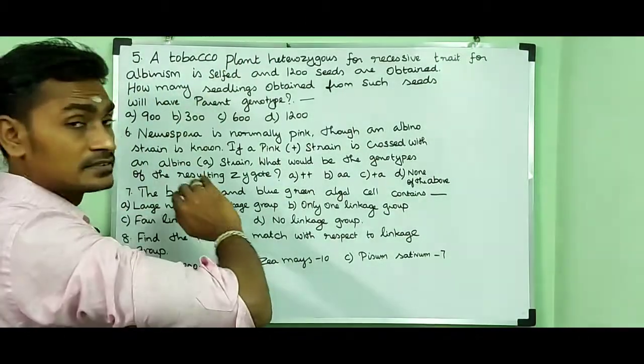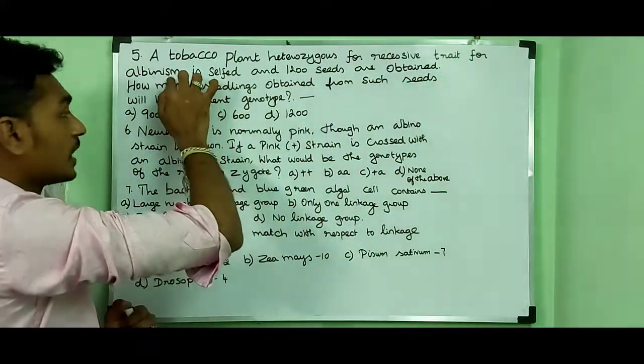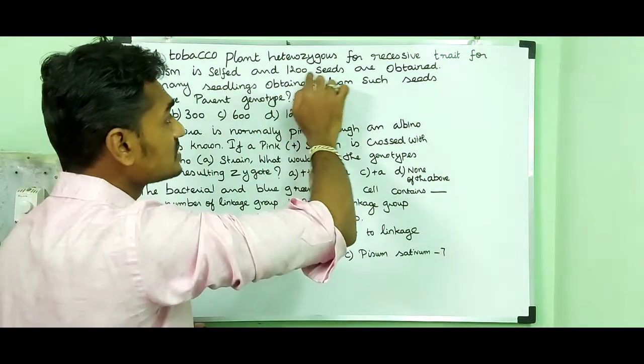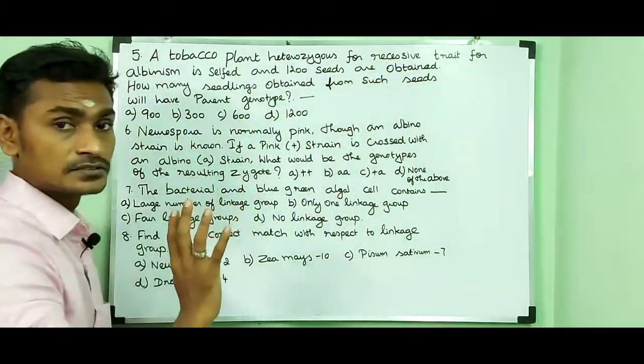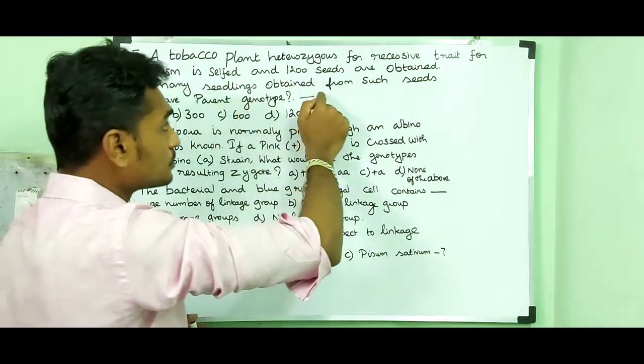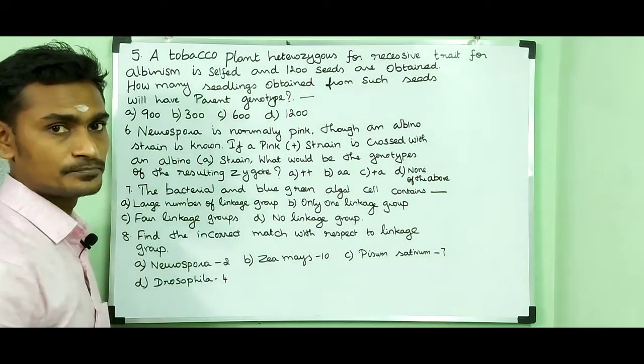A tobacco plant heterozygous for the recessive trait for albinism is selfed and 1200 seeds are obtained. How many seedlings obtained from such seeds will have the parent genotype?